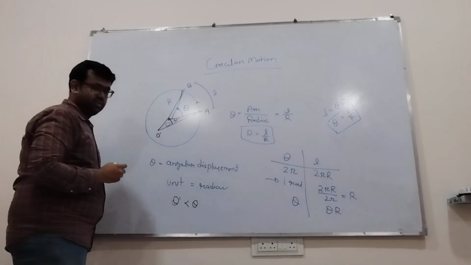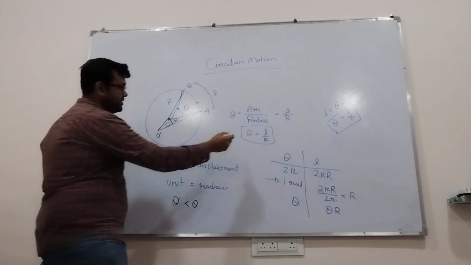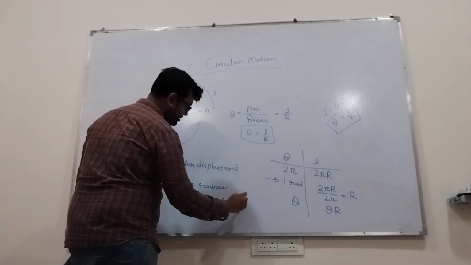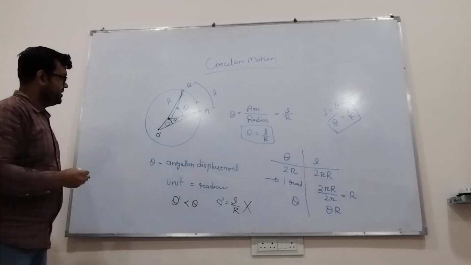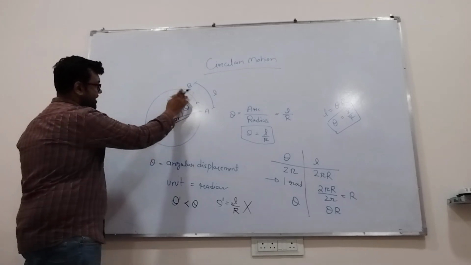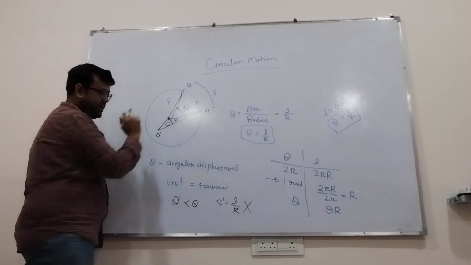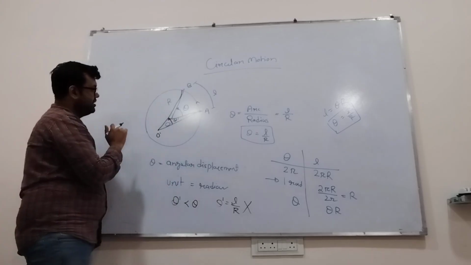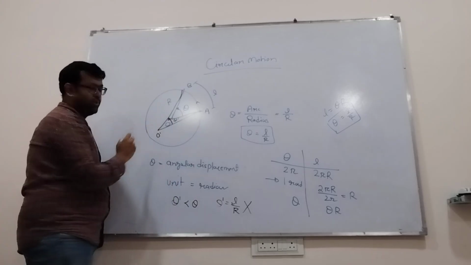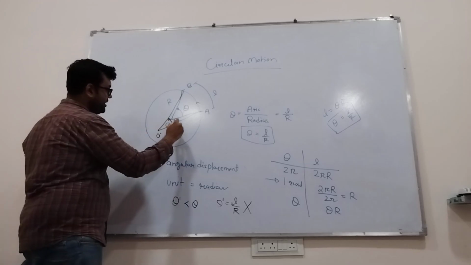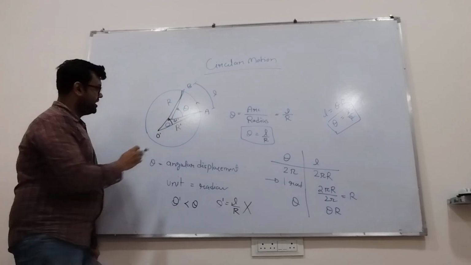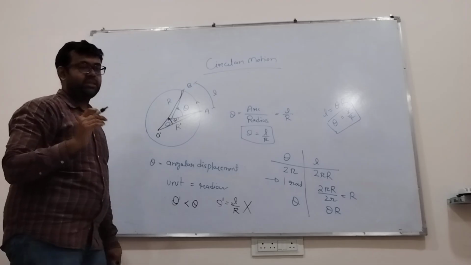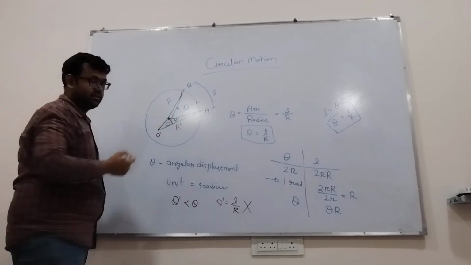And for this observer, can we now apply this formula? Why not? See, if the object is moving from A to B, it is a part of this circle. When the observer is here, your center point has now changed. Your R will also be changed. That is R dash, right? So this R length cannot be the part of this other circle.